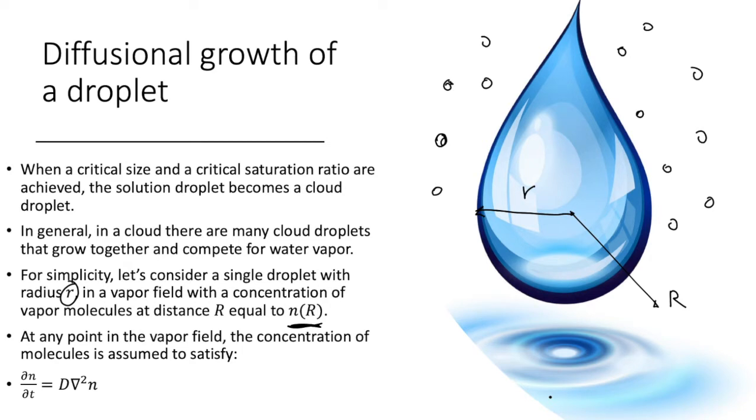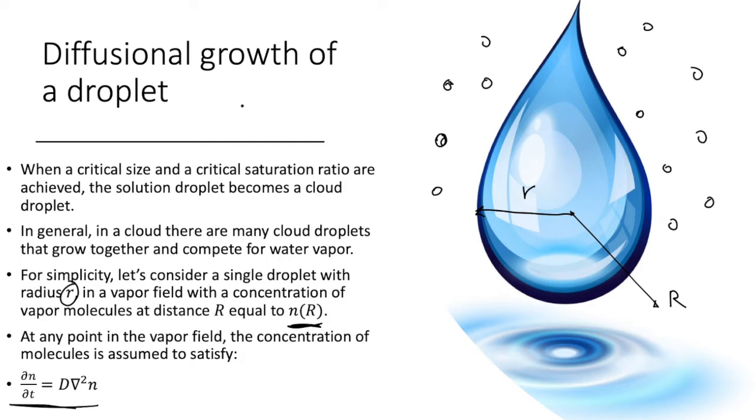And like all diffusive processes, it obeys this simple equation. What this equation is telling us is that wherever there are gradients in the flux of water vapor particles, then there is the tendency to move these particles out of the way.